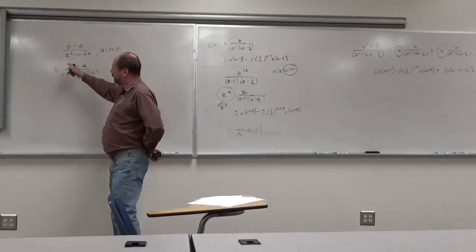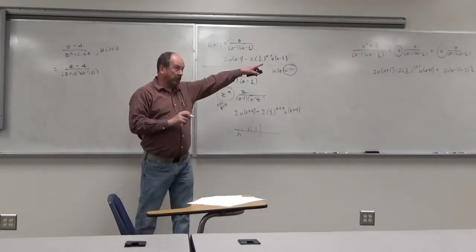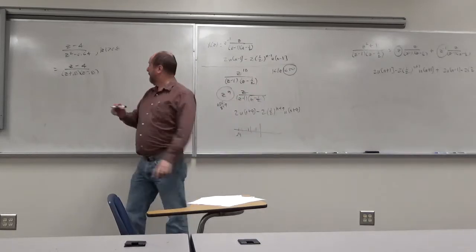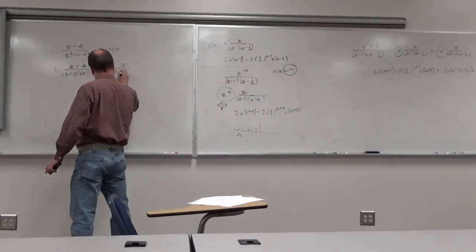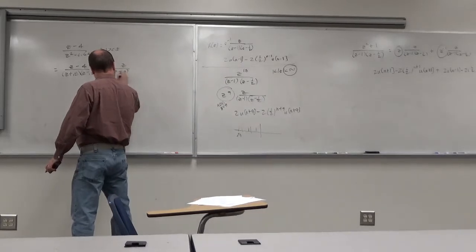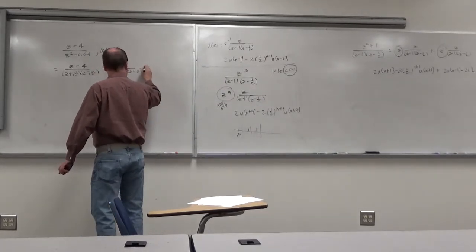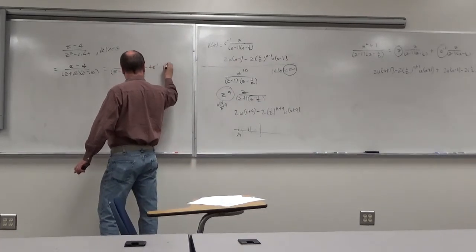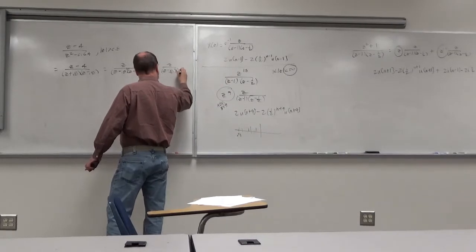Now, can we factor a z out of the numerator up there? No, we're going to do it just like that. I'm going to write this as z over z minus 0.8 and z plus 0.8, and then minus 4, z to the minus 1, z over z minus 0.8 and z plus 0.8.